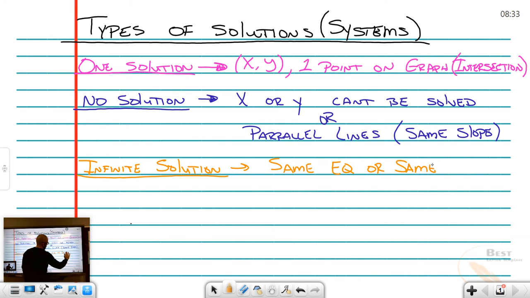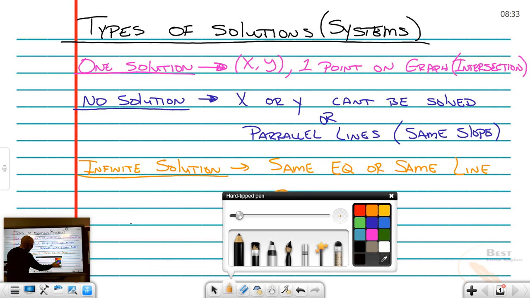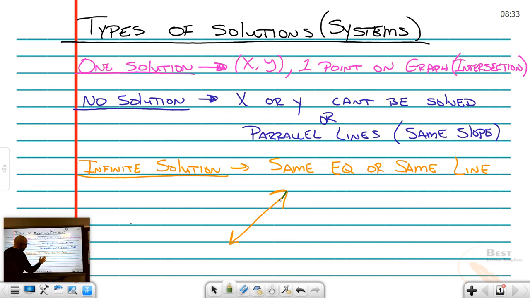So when you graph them, they pretty much lie right on top of each other. If I have a graph here, if this is one line, that's one system, and then when I graph the other system, it is the exact same line. That means I have an infinite number of solutions. No matter what x and y are, it's always the same solution. So we can have infinite.